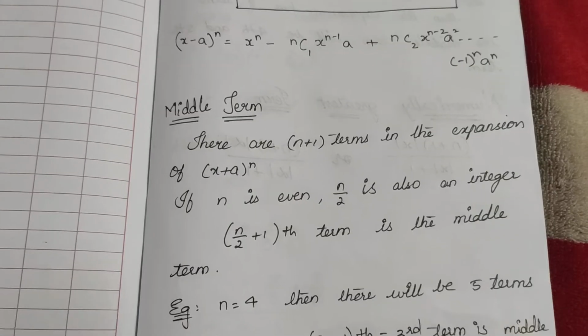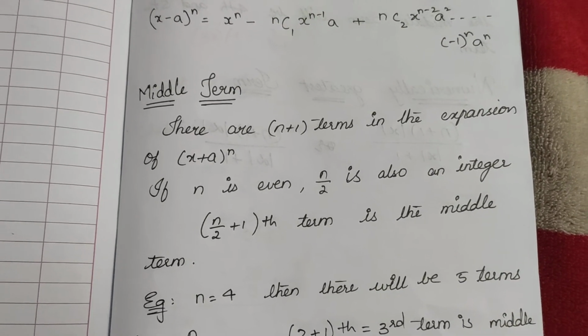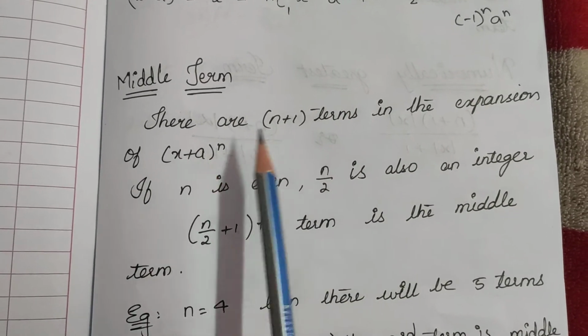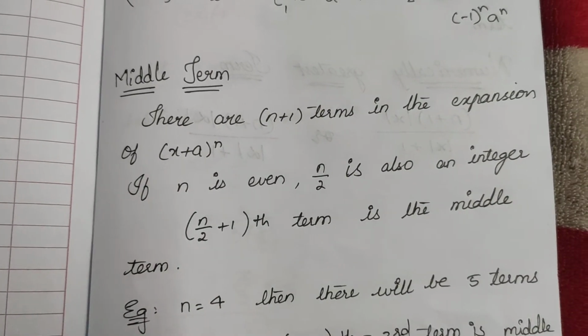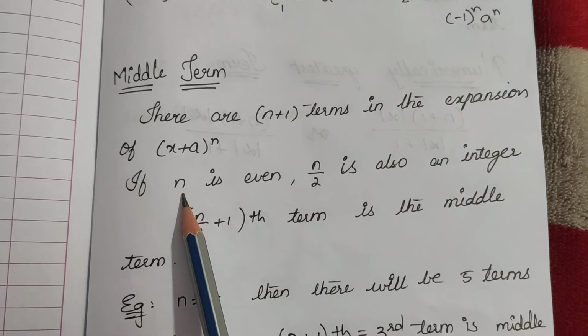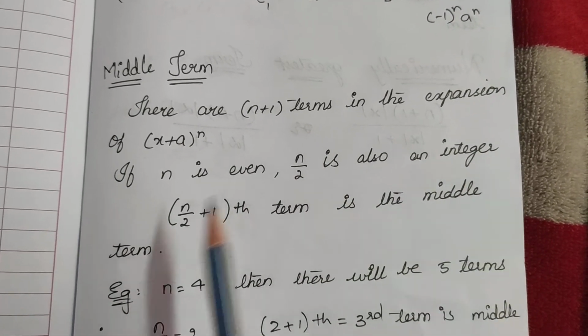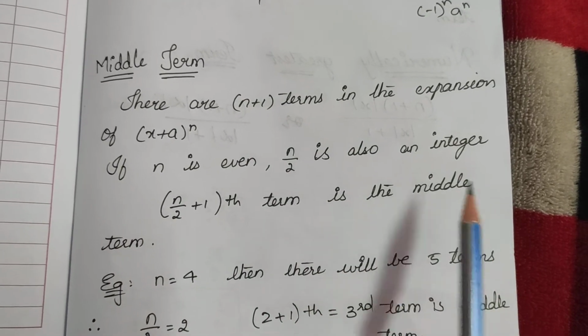Okay. Next, how to find the middle term? If there is a question, find the middle term of the expansion. As we know, there are n plus 1 terms in the expansion of (x plus a) whole to the power n. If the power n is even, n by 2 is also an integer, so the (n by 2 plus 1)th term is the middle term.